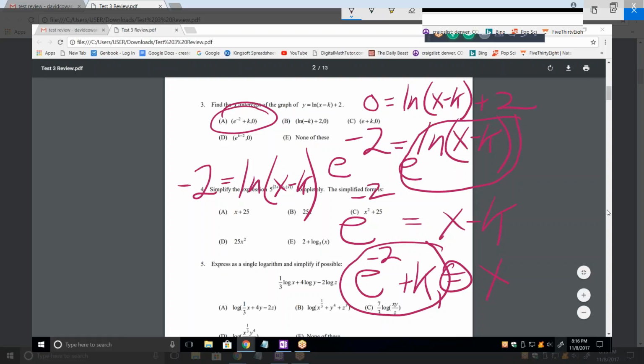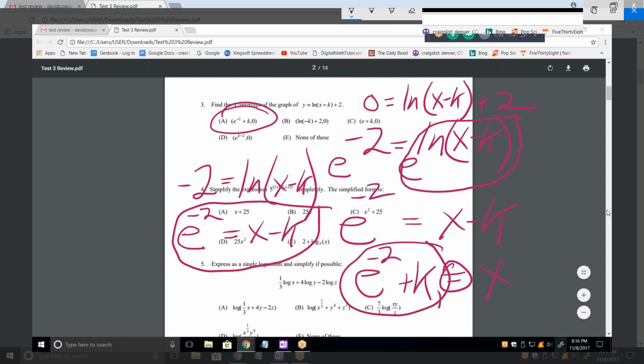Exponential format is the base to that power equals the argument. So if I convert this to exponential format, it's e to the minus 2 equals x minus k. So I can get to that step without this fancy maneuver of sticking an e under it, because all I have to do is know how to convert from log to exponential and back and forth.